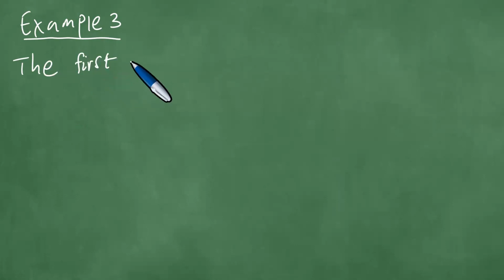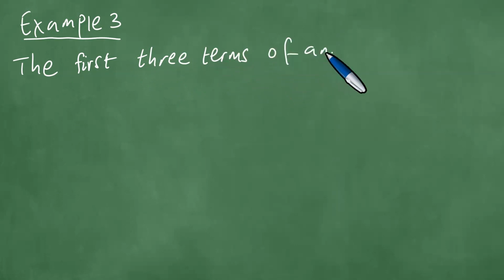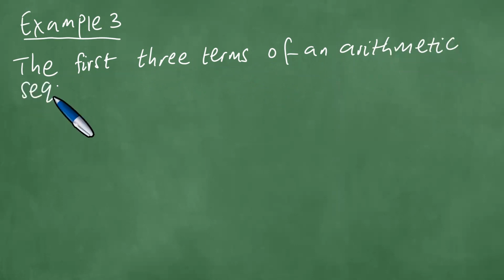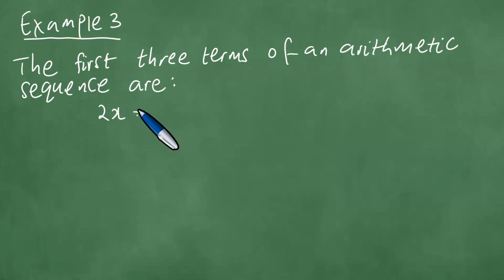Right. So if we were to say the first three terms of an arithmetic sequence are, what are the first three terms? We start with 2x plus 1.